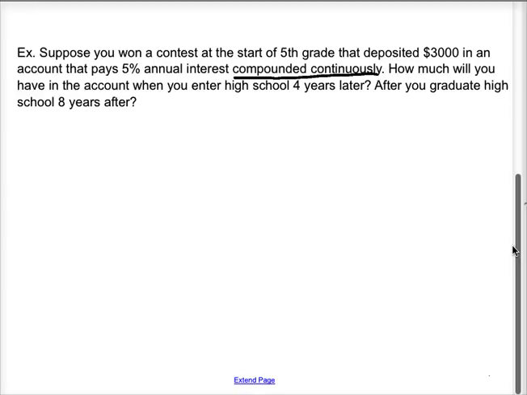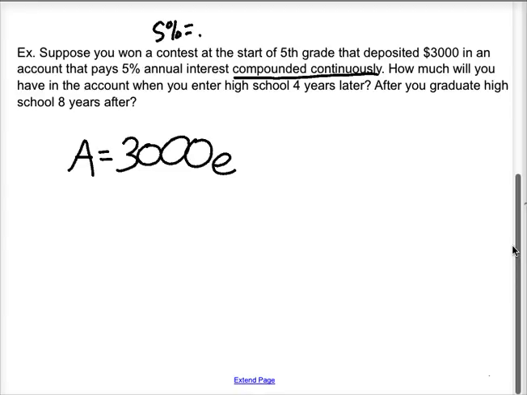So let's plug this into the formula. We're starting with $3,000. Don't forget, the 5% is 0.05 when you move your decimal over. So e to the r, which is 0.05.